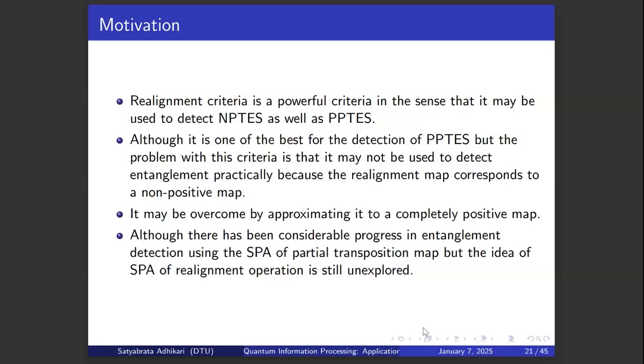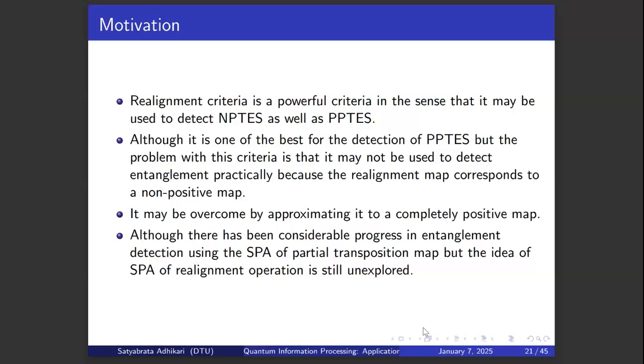These states are not detected by the partial transposition criteria, but the realignment criteria not only detects the negative partial transpose entangled states, it can detect the positive partial transpose entangled states. So in this sense, the realignment criteria is more powerful than the positive partial transpose criteria.